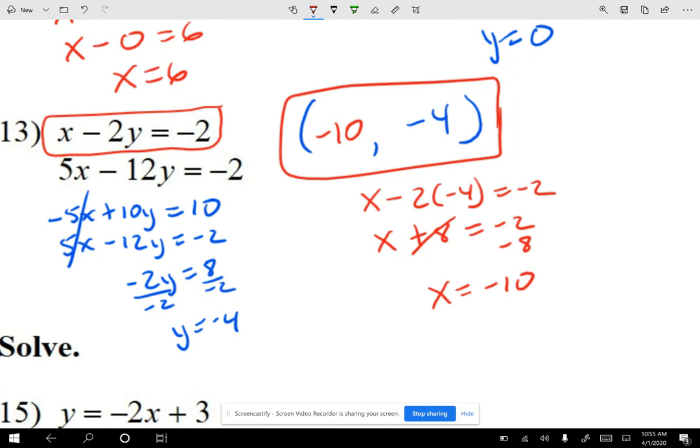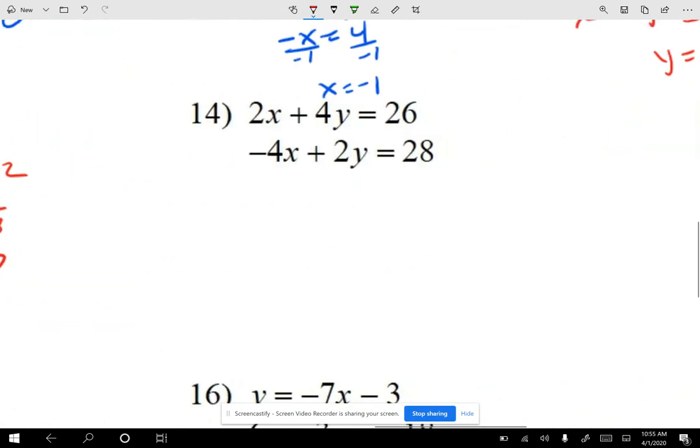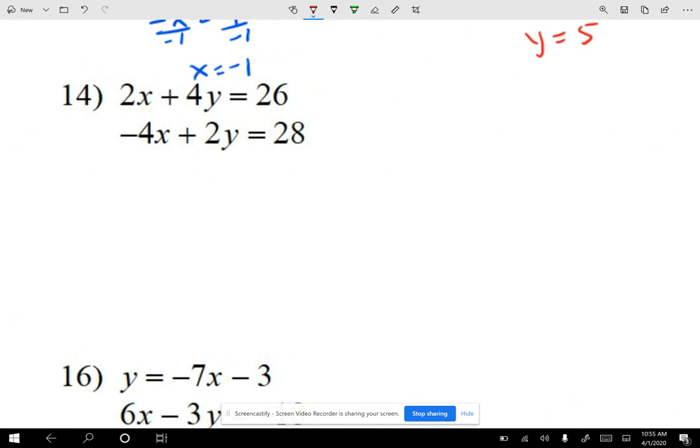All right, let's take a look at number 14. Now, I can cancel the x if I multiply the first one by 2, because that x will become 4x, so the x's can cancel out. Or I can cancel the y if I multiply the second one by negative 2. I think it's easy to cancel the x in this case, so let me multiply the first one by positive 2.